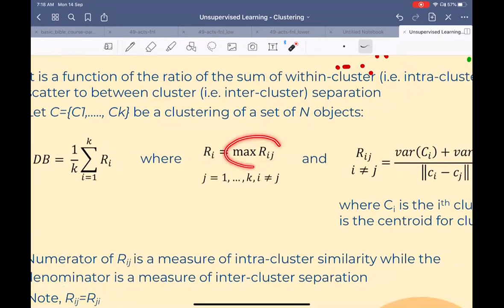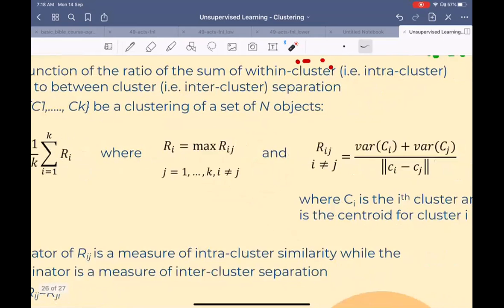So we have a matrix Rij, and Ri is the max of Rij where j takes different values 1, 2, 3, 4 till k, and i is not equal to j. So we are looking not at the diagonal components but at the off-diagonal components, anything that is not diagonal.